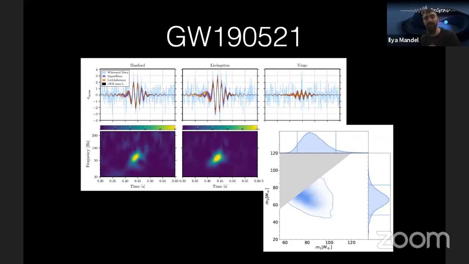Normally, you might expect that there should be a more gradual turn on with a merger signal preceding this ringdown signal. And I think really what all of these models are telling us is that there's something fishy going on here. The turn on is a little bit more abrupt than one would expect, but I don't think we necessarily know yet what is causing that abrupt turn on.